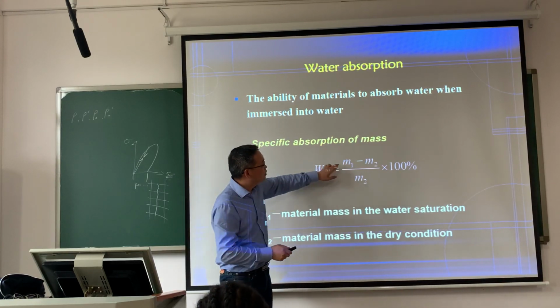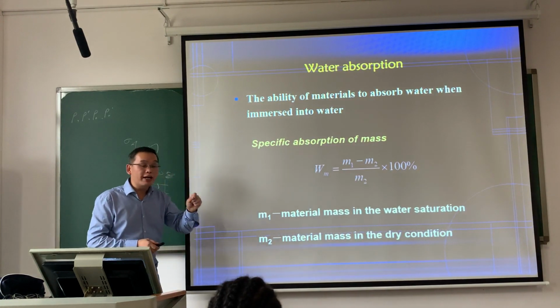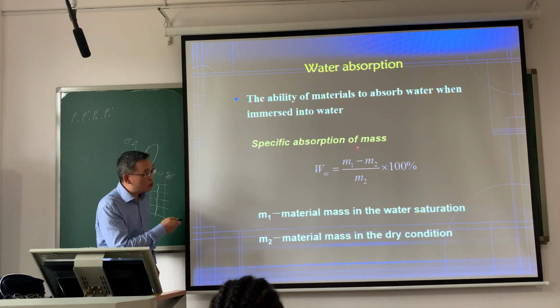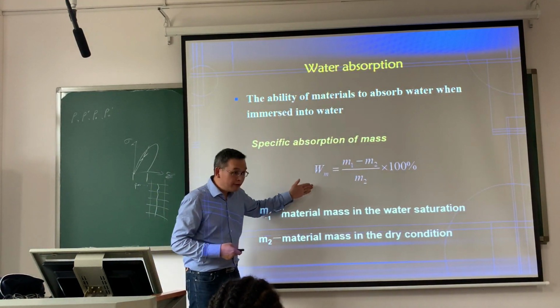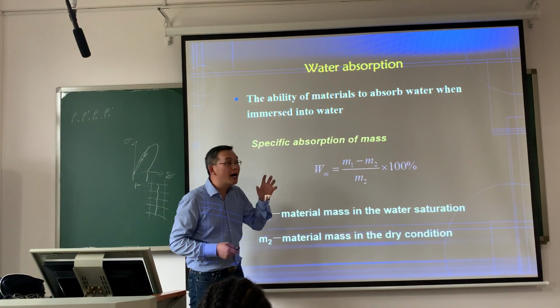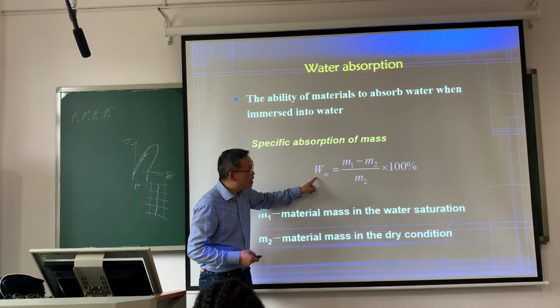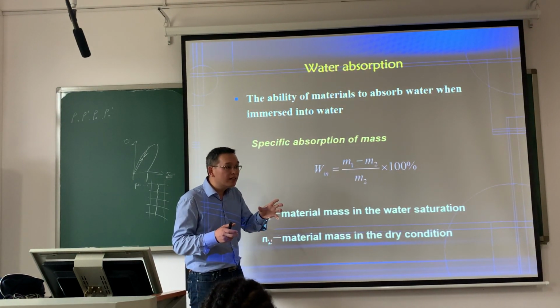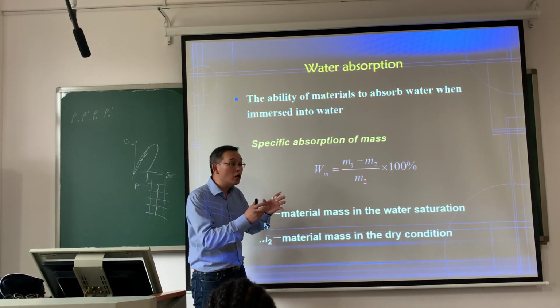So we can use this formula to calculate the specific absorption of mass. If this value is high, what does this mean? It means this kind of material can absorb a lot of water.